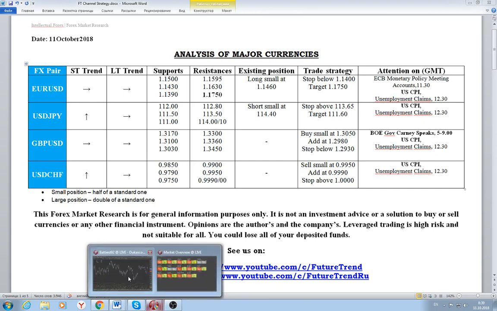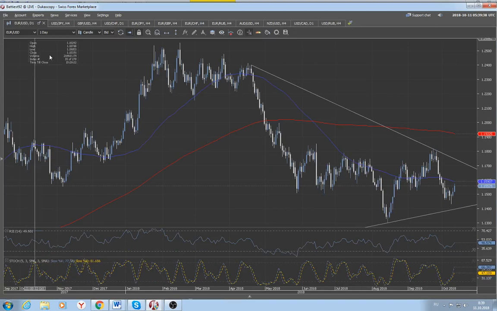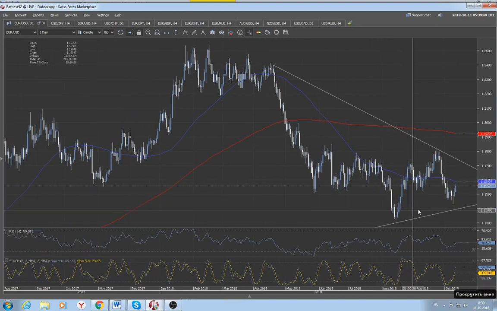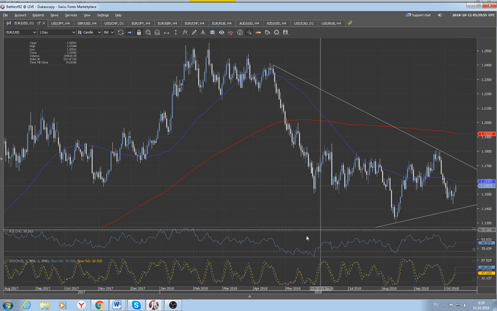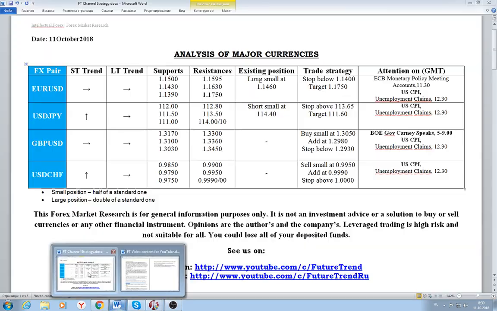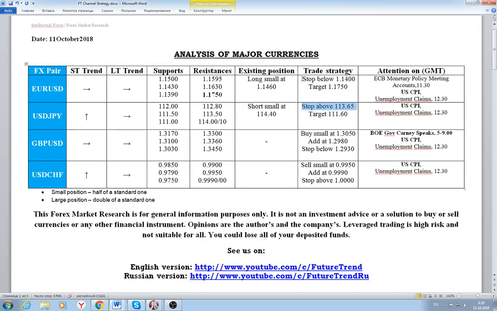First of all, let's start with the euro dollar, which is still trading above its 2017-2018 uptrend line located at the level of 113.90, 114, and that's why we decided to change a little bit our longer strategy in the euro dollar.